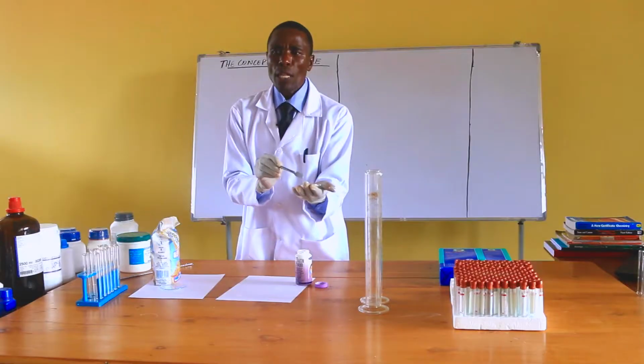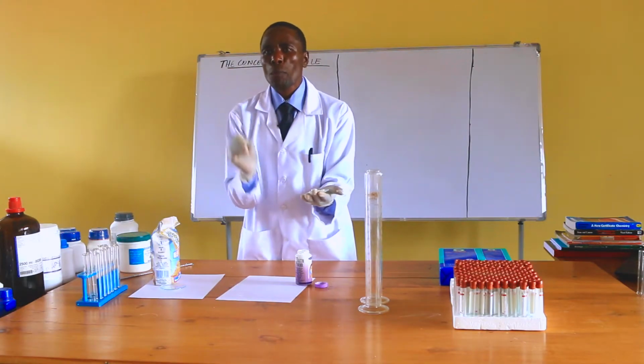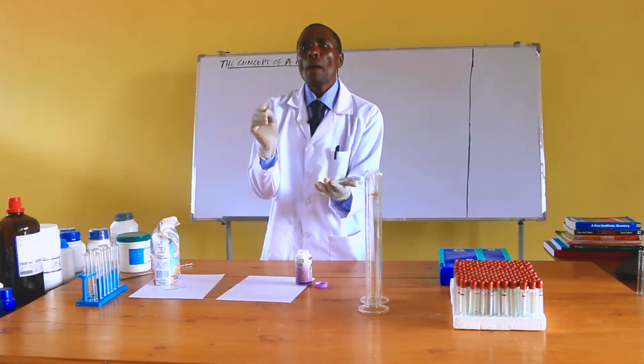Or do you think it is possible to count 144 particles of powder, so that you have a gross of powder or a ream of powder? Pretty sure it is not possible.